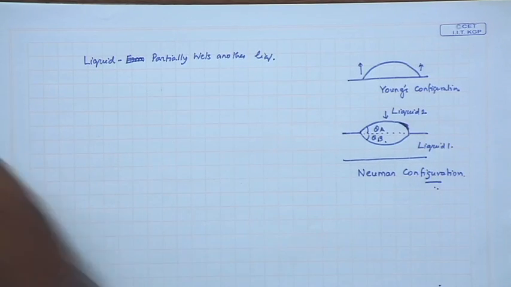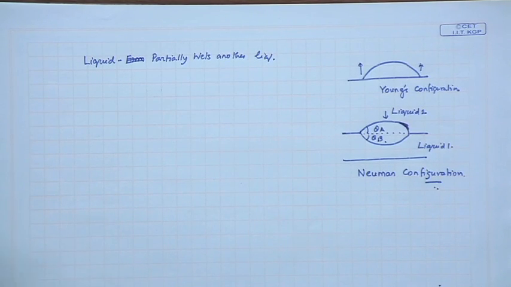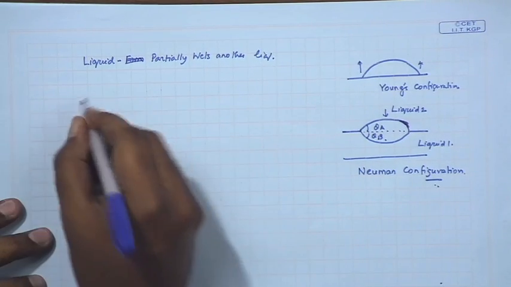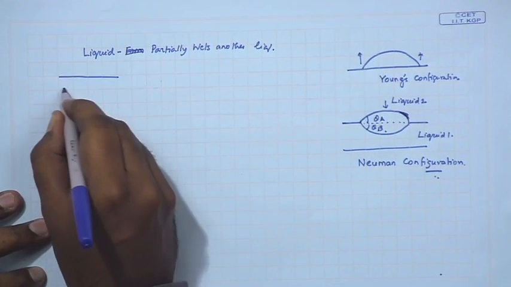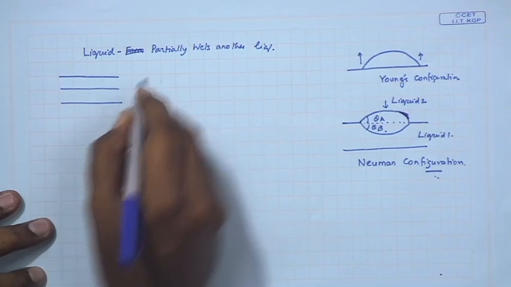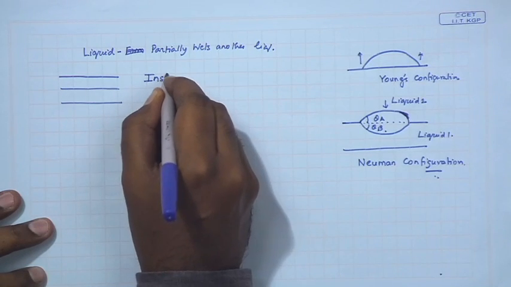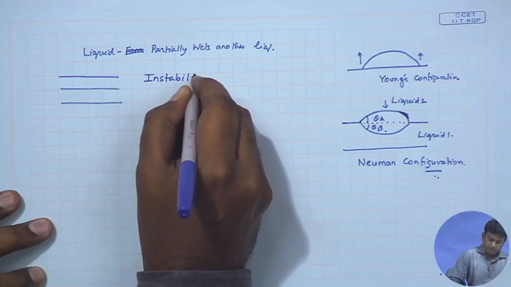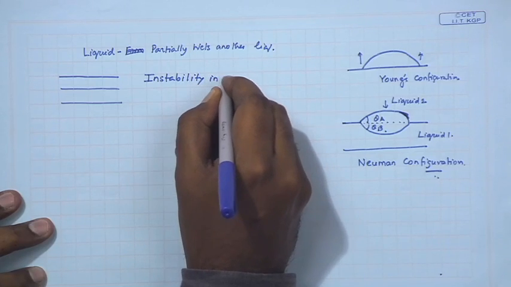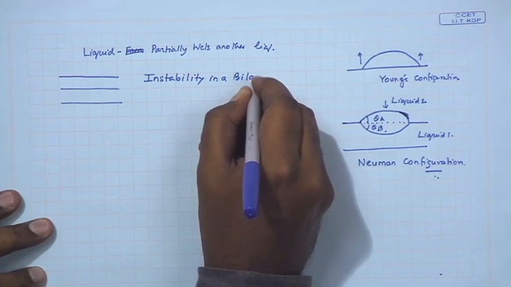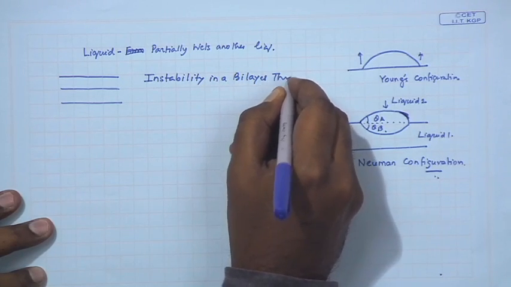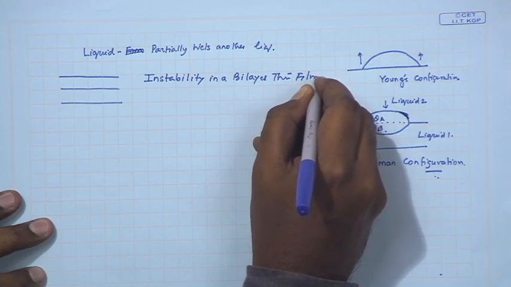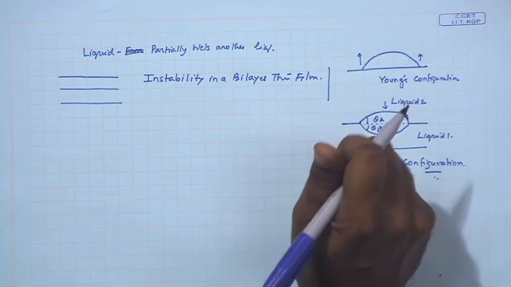An important reason why I talked about this particular example is that an important class of problem is instability in a bilayer, where both the layers are adequately thin and both can dewet.